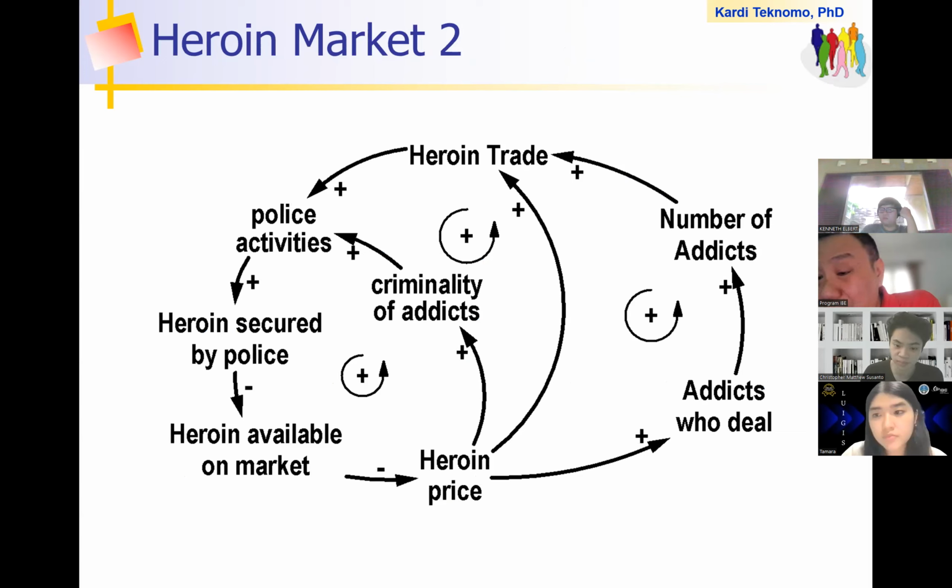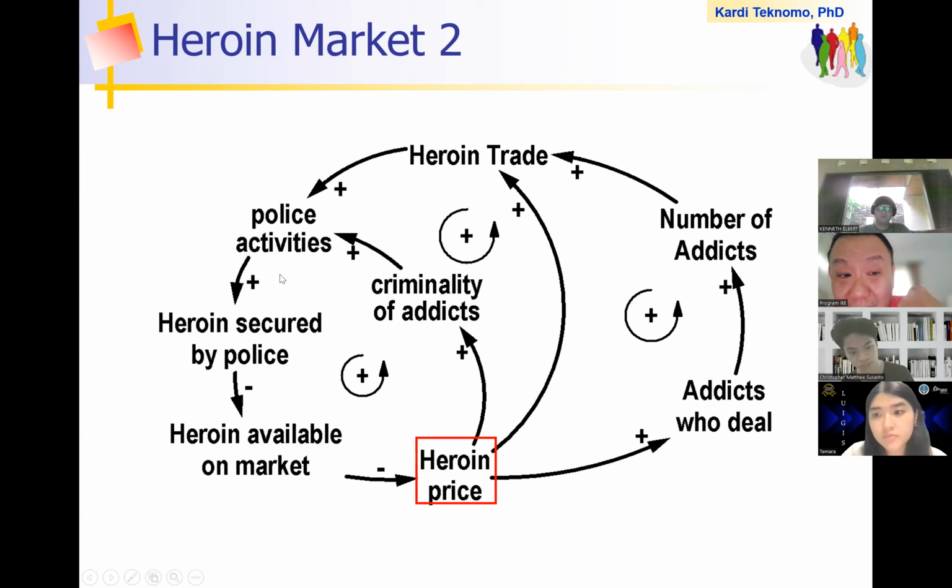So what's missing here is actually the heroin price. In the CLD, we can see that there is a missing component, which is the heroin price. If you add this heroin price here, suddenly you will see this is no longer a negative feedback loop. This is actually a positive feedback loop.